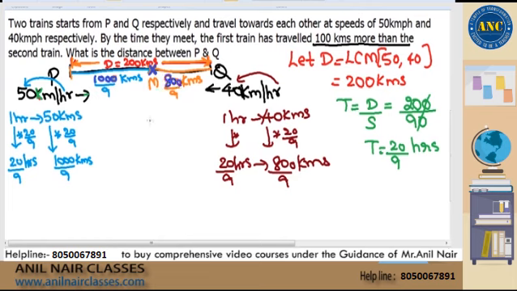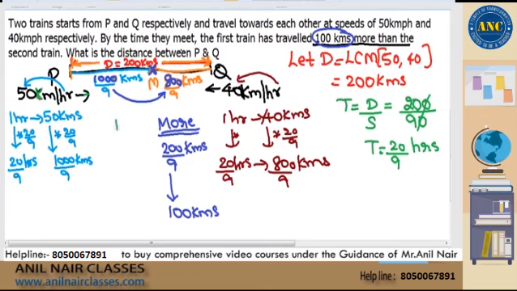One train has traveled 200 by 9 kilometers more than the other train, because 1000 by 9 minus 800 by 9 is 200 by 9. But according to the question, one train has traveled 100 kilometers more than the other train.